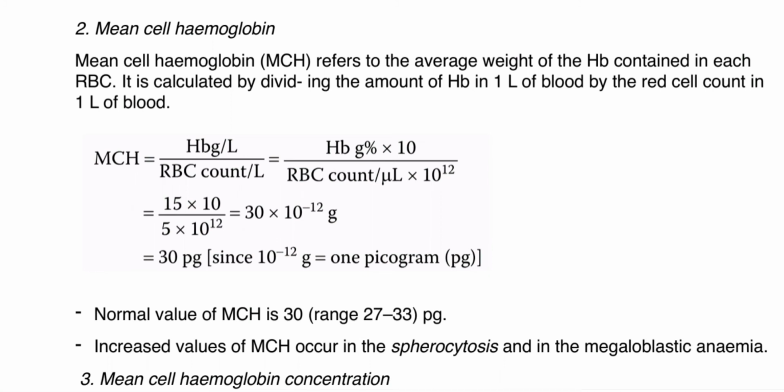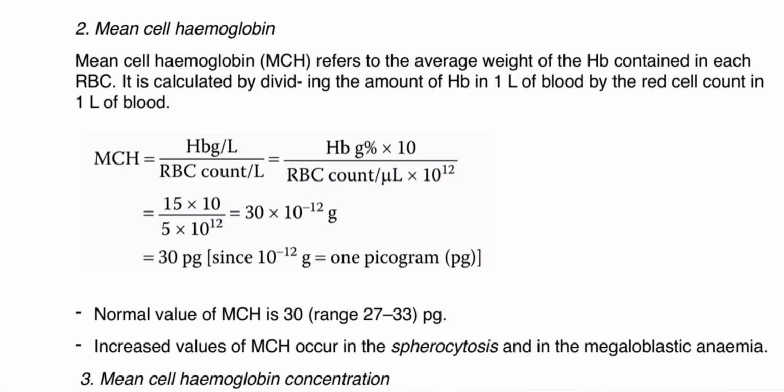So hemoglobin gram percentage into 10 by RBC count per microliter into 10 raised to 12, because it is in million. So we have to do that. So hemoglobin count, as we have seen earlier, that normal value is 15 gram per deciliter. So we have to take 15 into 10 and divided by RBC count, which is 5 million per microliter, so 5 into 10 raised to 12.